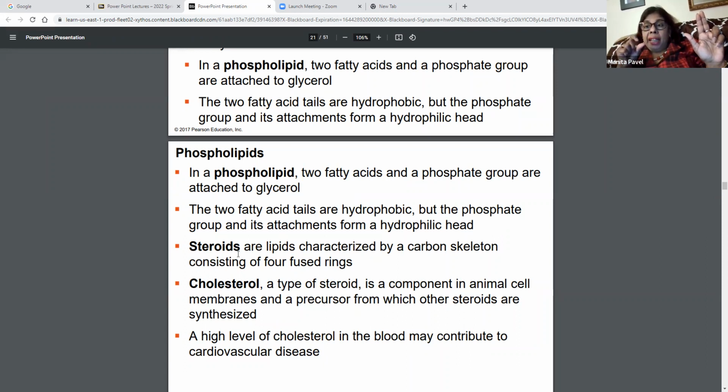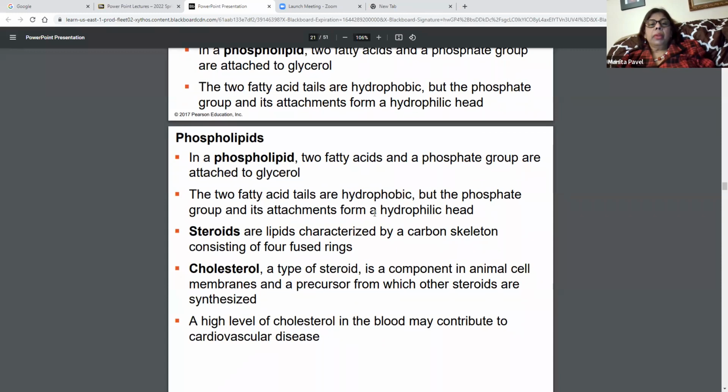So lipid and fat will have carbon, hydrogen, oxygen, CHO, and phosphorus, P, because of the phosphate group. So we have CHOP.